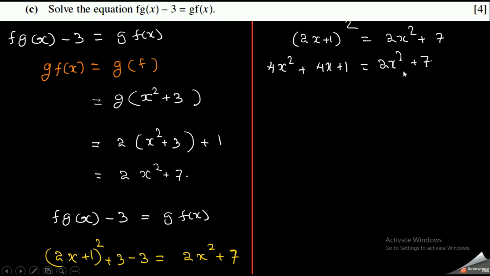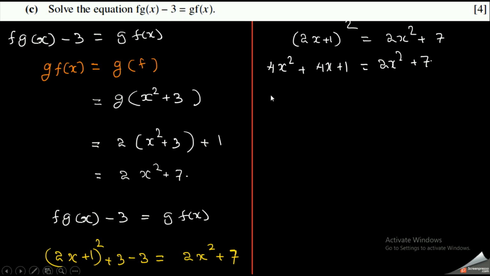Then what do we do? Just tell me. Yeah, you take these terms to this side. Okay, so when this 2x squared goes to the other side, how does it go? As minus 2x squared. When this 7 goes to the other side, it goes as, yes, minus 7.